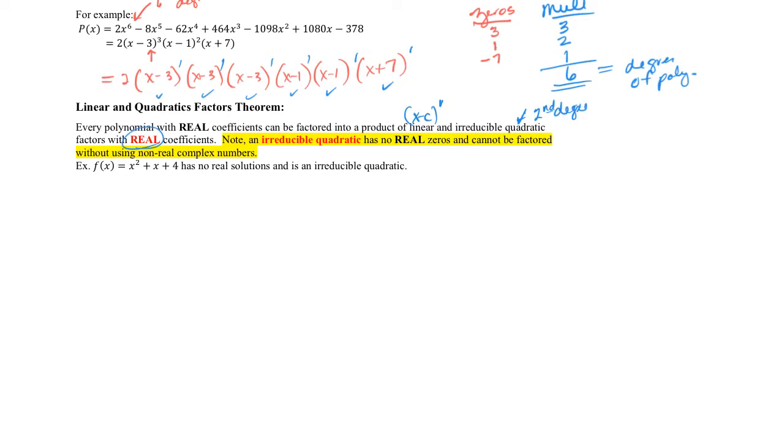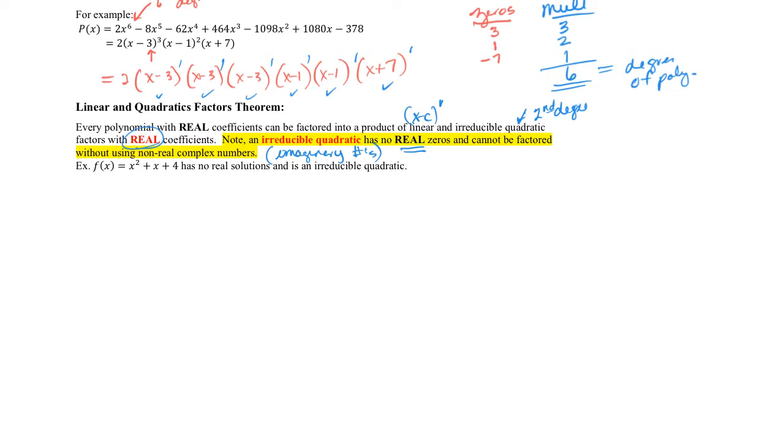Okay. Well, an irreducible quadratic has no real zeros and can't be factored without using non-real complex numbers, or it can't be factored without using imaginary numbers, without i's. So that's the reason. If it could be factored using real numbers, then we would have continued to factor it and come up with linear factors.